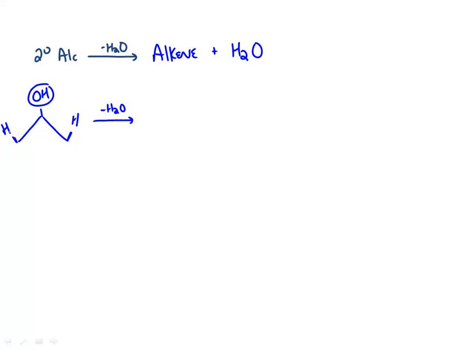That's the same elimination that we had when we were doing the other reactions. And so here, in this case, because my molecule is symmetrical, I just get one carbon-carbon double bond plus H2O.